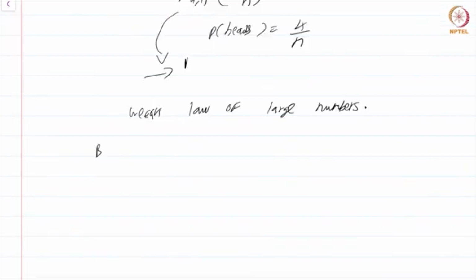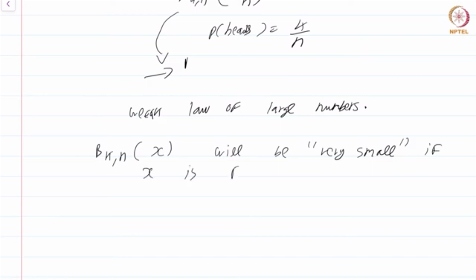B k comma n of x will be very small if x is far away from k by n.